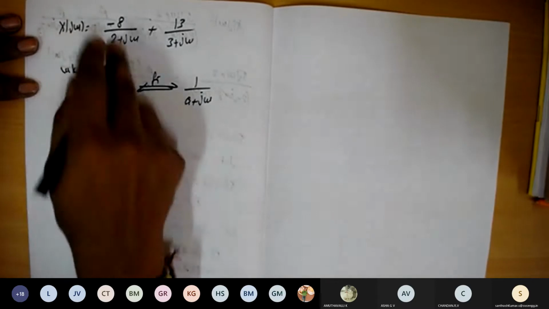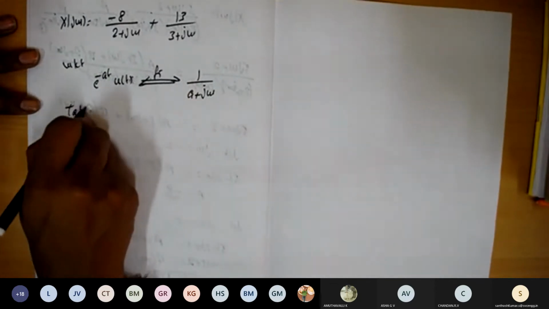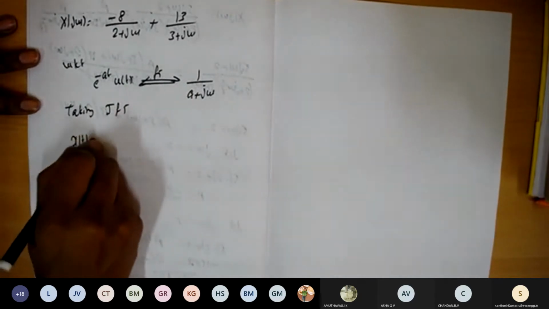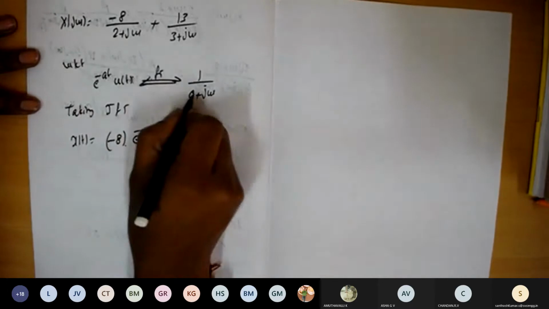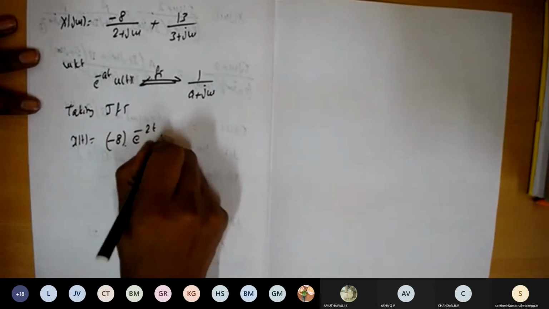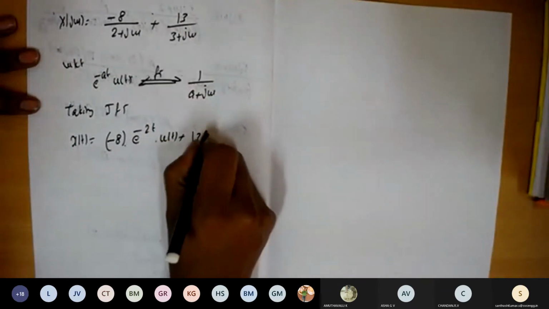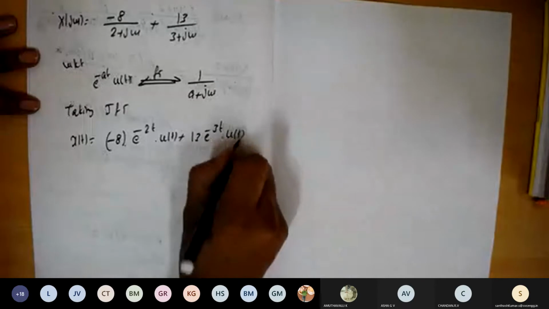Taking the inverse Fourier transform, x of t is equal to -8 into e to the power of minus 2t into u of t plus 13 into e to the power of minus 3t into u of t. So this is the value of x of t.